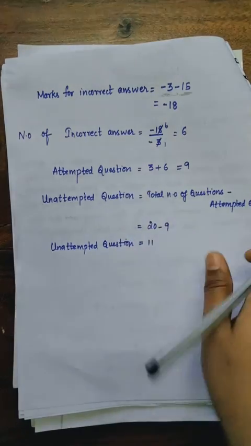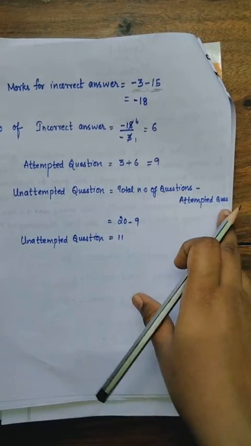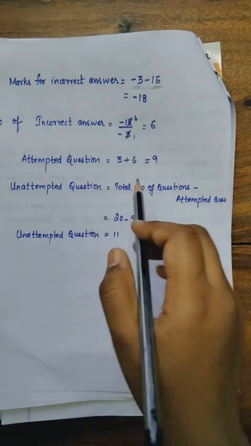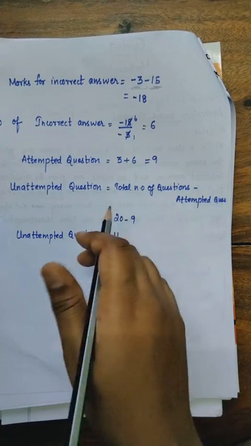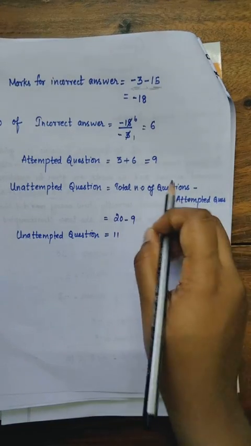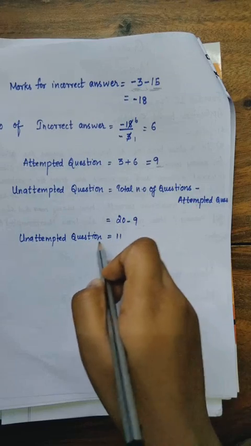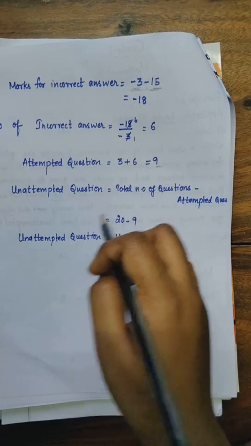So unattempted questions is equal to total number of questions minus attempted questions. Total number of questions is 20, attempted is 9. So 20 minus 9 is 11. Unattempted questions is 11.